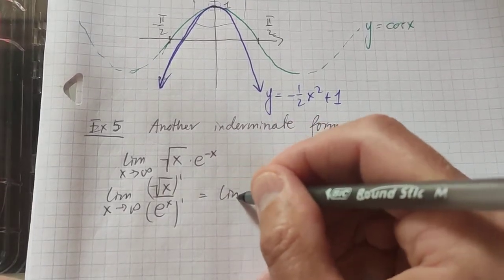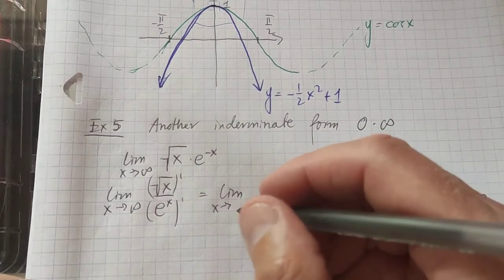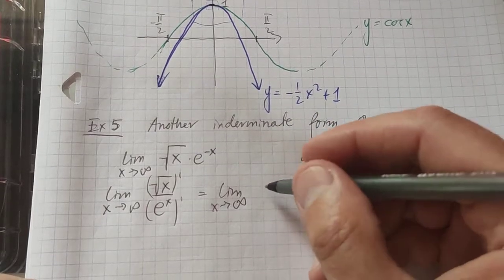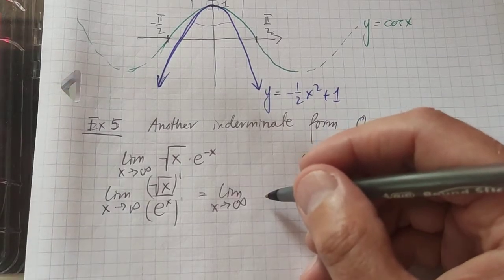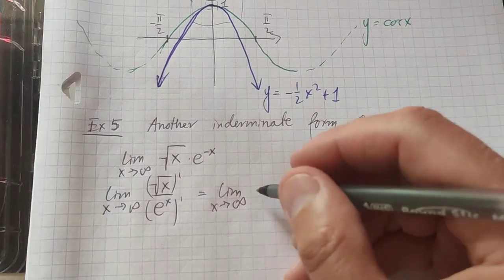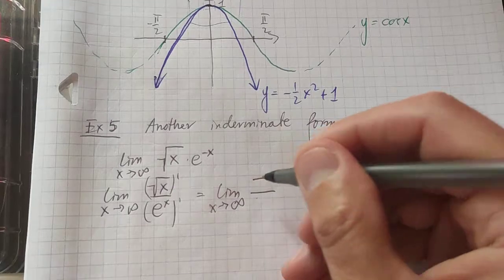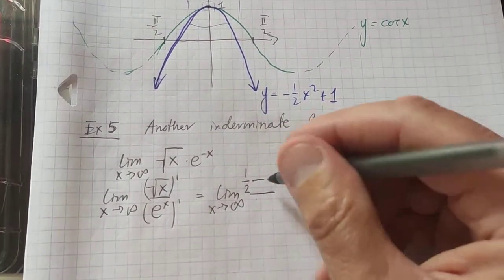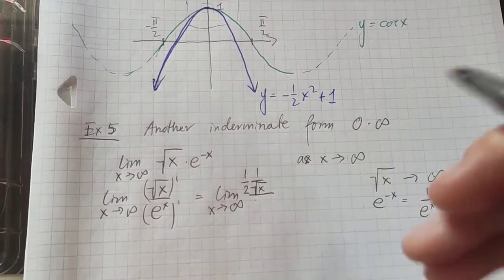So that would be on the top, what is it going to be, negative... so it's going to be 1/2 times 1 over square root of x, right?